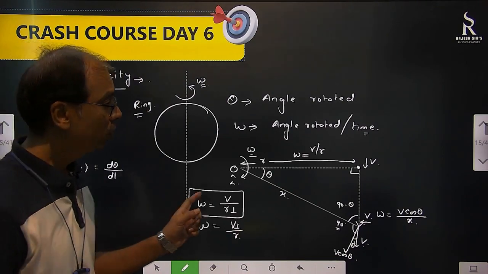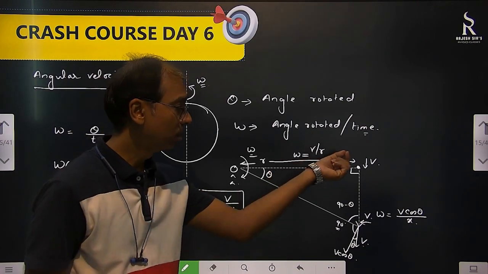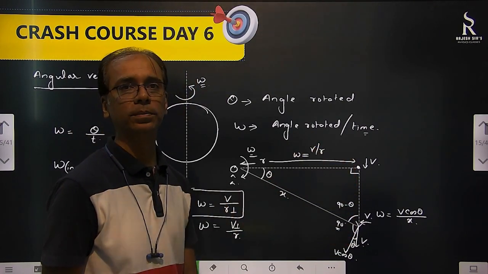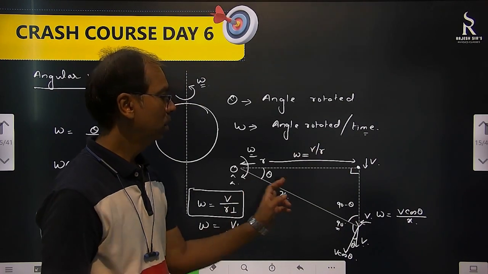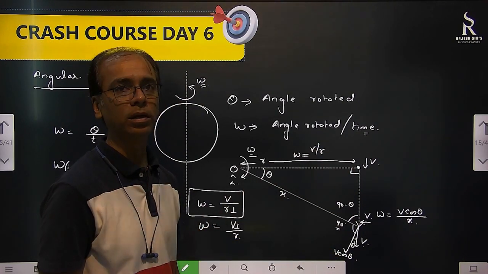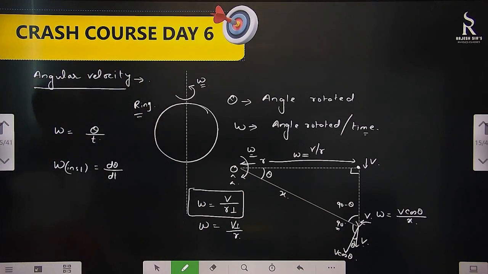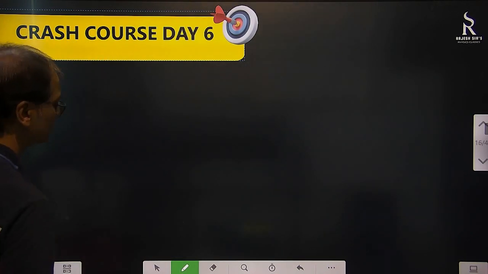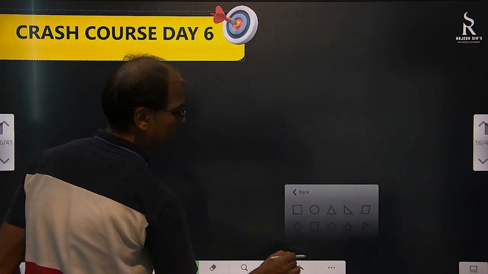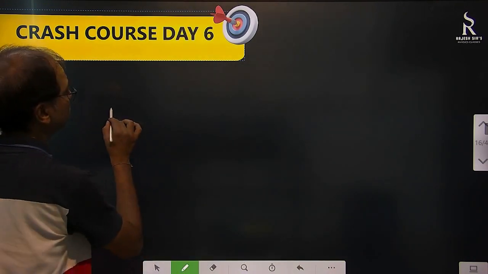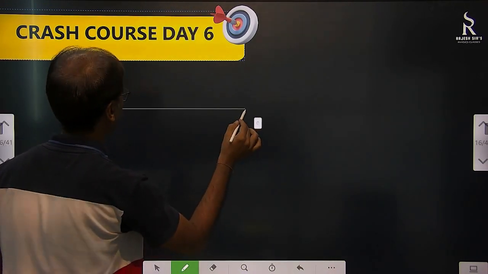Remember, when to use this one? When you are talking about a single particle which is in motion, then omega is this, V perpendicular by R. Now this is used in many places. Sometimes they will ask you a question that there is this rod, maybe.